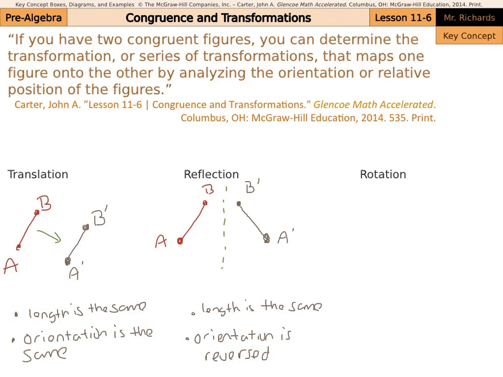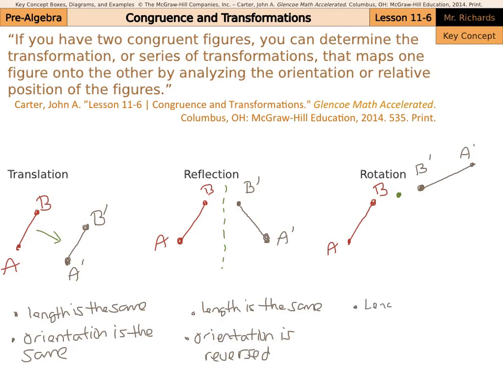And lastly, now with rotations, we have our original AB again. And let's say we have a rotation point right around here. We could draw in a new AB right here. And again, what do we notice?